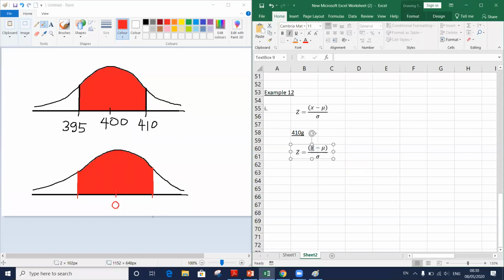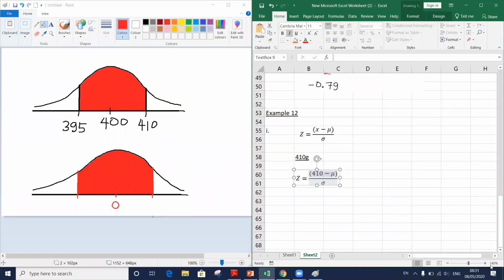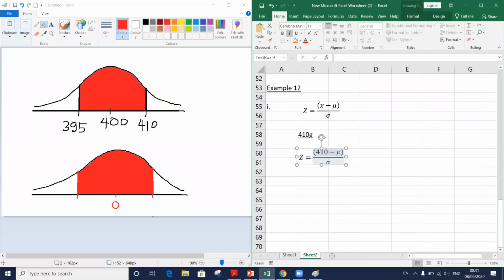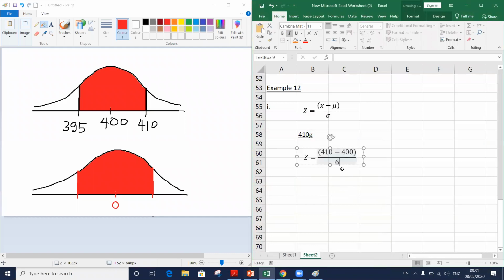X value එක තමයි දැන් 410. What is the mean value? Mu value එක කීයද? The mean is given, per packet 400 grams. ග්‍රෑම් සාමාන්‍යයෙන් 400ක් බරයි. Standard deviation is also given. Standard deviation එක කීයක් දුන්නද? Standard deviation of 6 grams. Standard deviation එක 6යි.